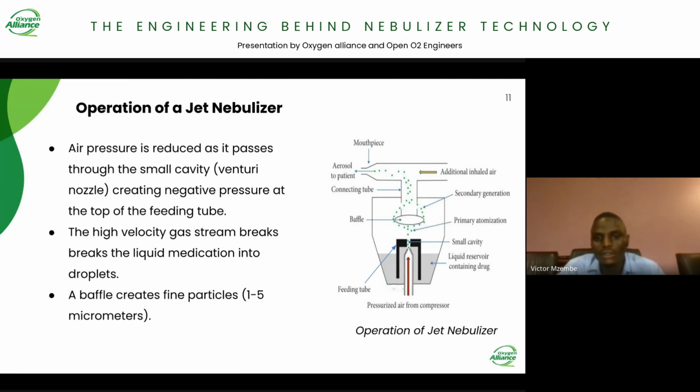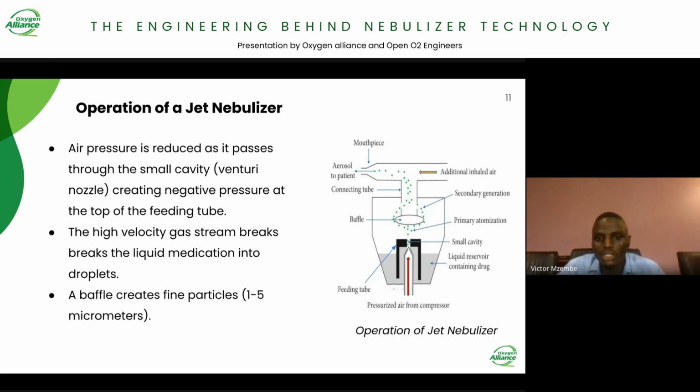Then the droplets hit the baffle, which creates smaller particles that can be delivered to the patient. Apart from that, the baffle also makes sure that larger particles are not delivered to the patient. All the larger particles are returned to the reservoir.